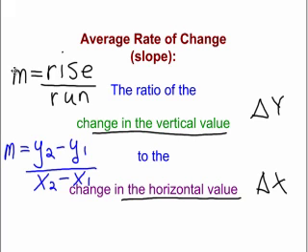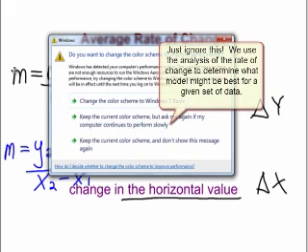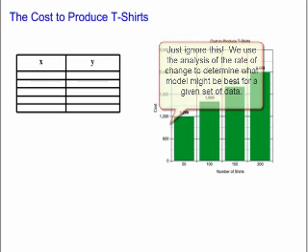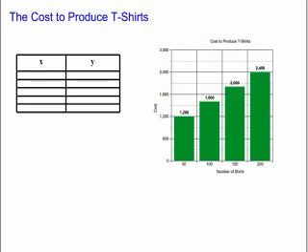So we'll use the average rate of change and sort of an analysis of the average rate of change to help us look at models and determine what model might be the best for a set of given data. So let's take a look at an example that you may have seen previously on producing t-shirts.